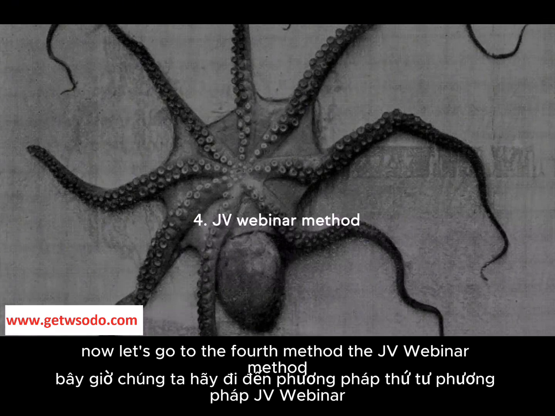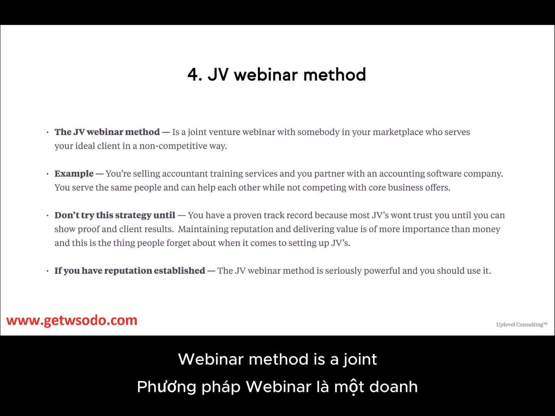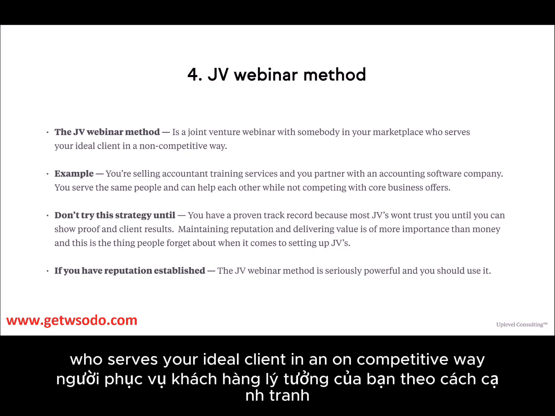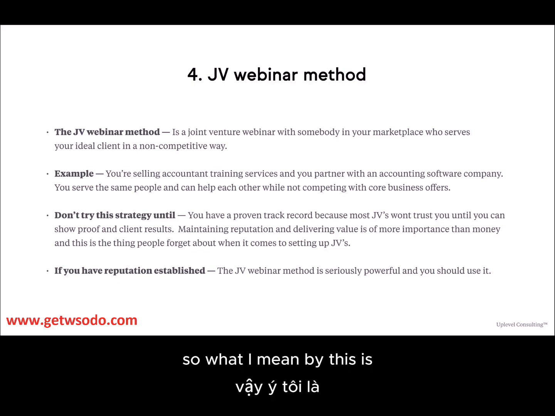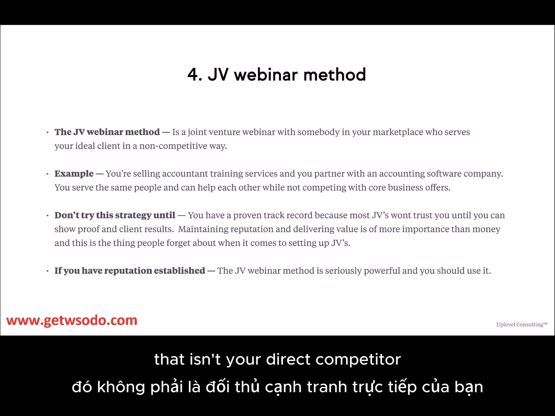Now let's go to the 4th method, the JV webinar method. The JV webinar method is a joint venture webinar with somebody in your marketplace who serves your ideal client in a non-competitive way. So what I mean by this is somebody else in your market who isn't your direct competitor.